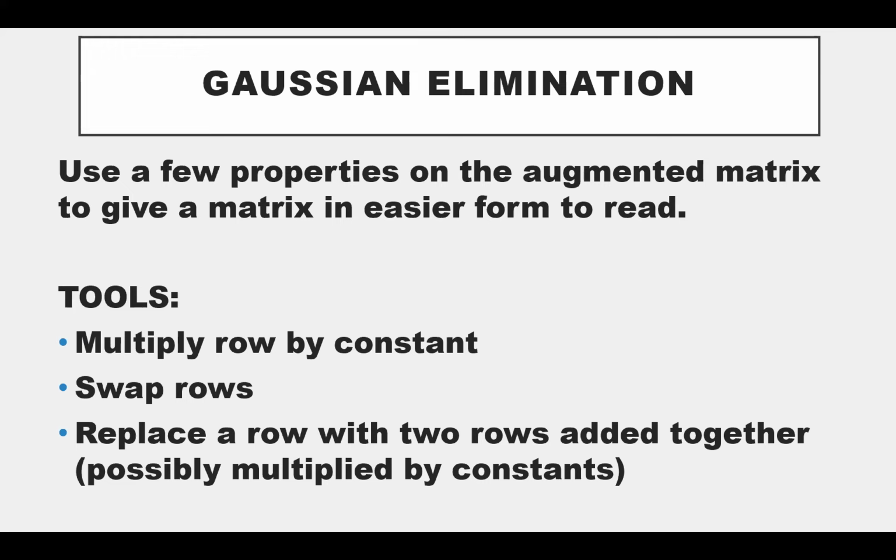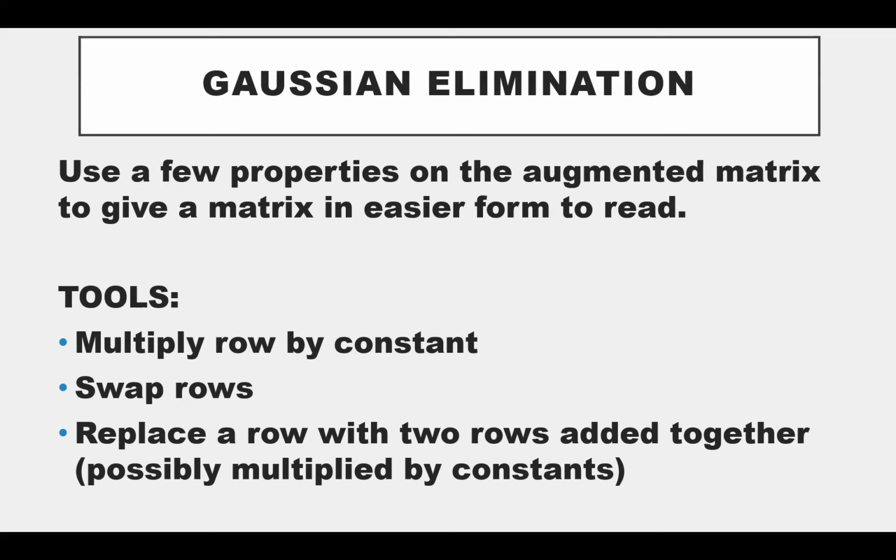So we're going to use a few properties on the augmented matrix, and that will change the augmented matrix into a matrix that has an easier form to read the answers.